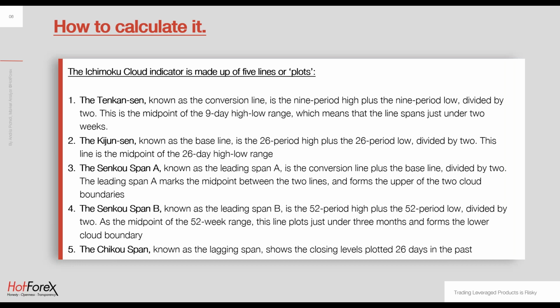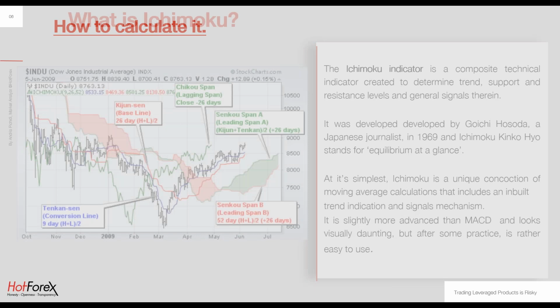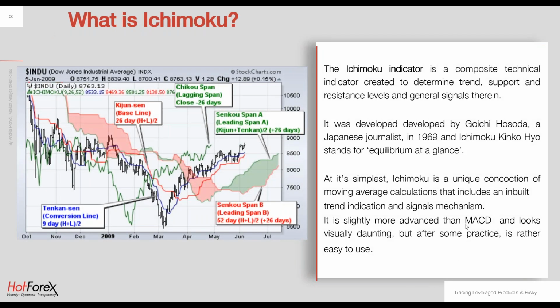So we find the average price between the last 9-period high and 9-period low. This is the midpoint of the 9-day high-low range, which means the line spans just under 2 weeks. As you can see, it is the blue line.